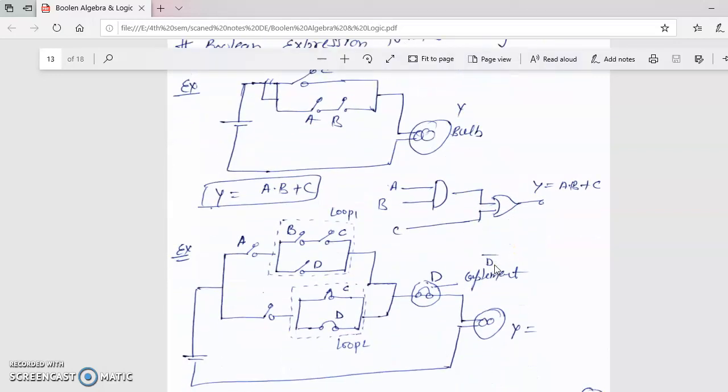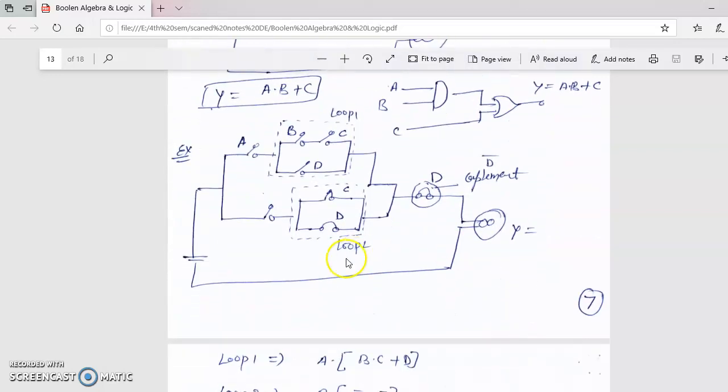Clear? Next, see here. Next example, students. This is A, this is B, C, D. Clear? Okay. This is C, D and D. Again, I think this is missing. Again, clear. The important thing is, see here, this bubble and this bubble is connected like this, but all these are open.